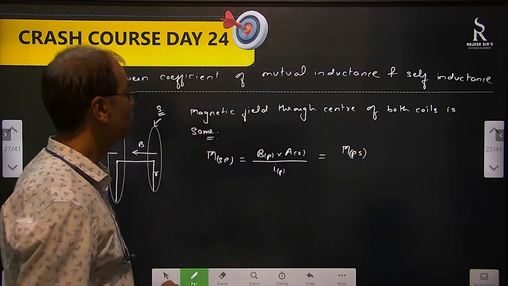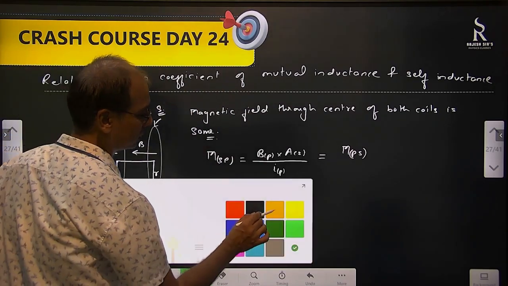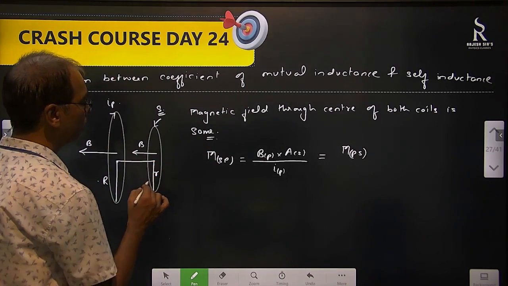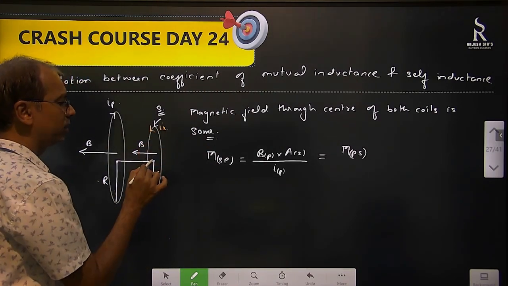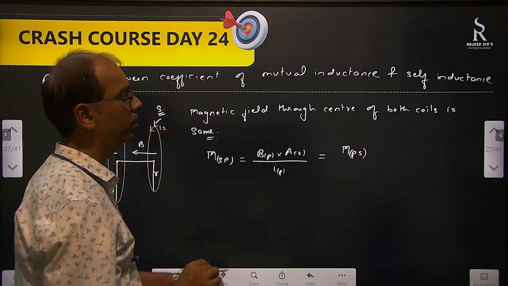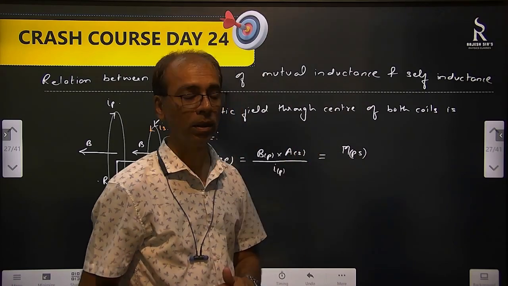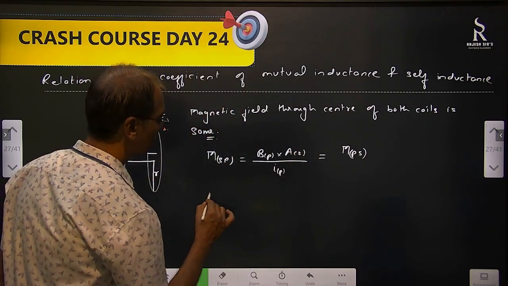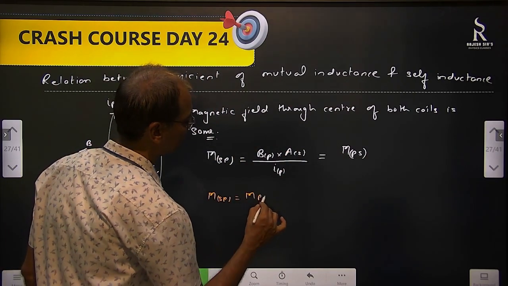That means if instead of IP we have IS in this one, it produces a magnetic field over here. The same magnetic field is through this one. And we find the mutual inductance of primary through secondary. It will come out to be the same. That means always remember MSP will be equal to MPS.